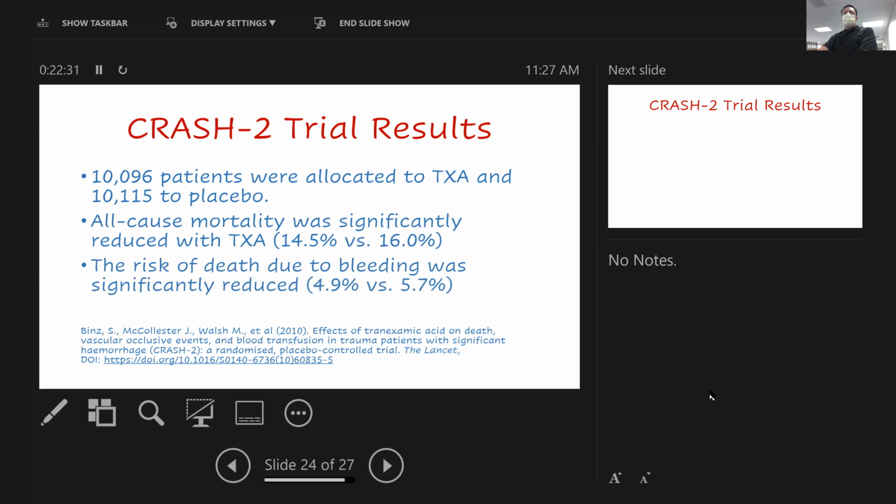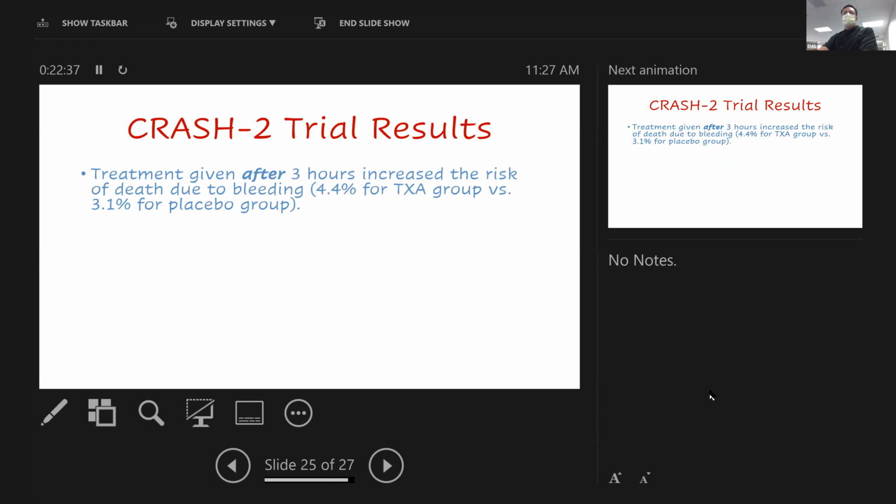And the risk of death due to bleeding was also significantly reduced. What they did find is that treatment given after 3 hours increased the risk of death due to bleeding. Hence the 3-hour window that we have for TXA administration.